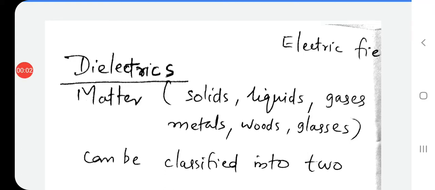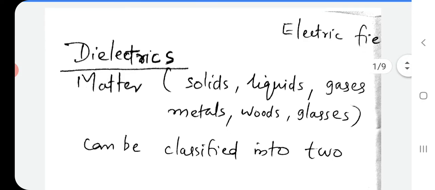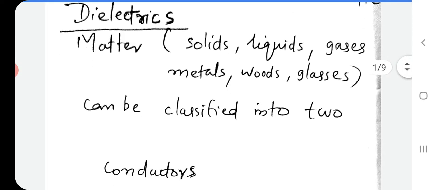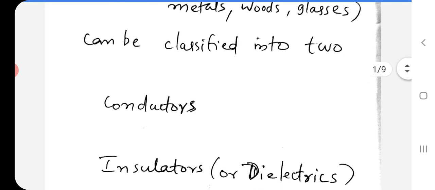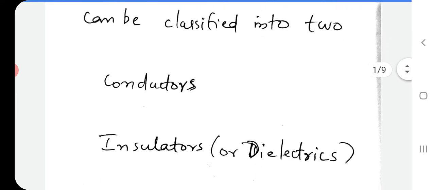Now we are looking at the influence of electric fields in matter. Matter, solids, liquids, gases, metals, etc., can be classified into two: conductors and insulators.